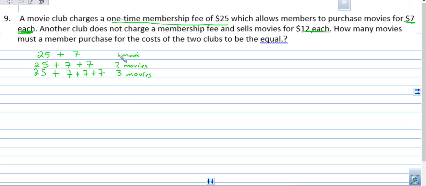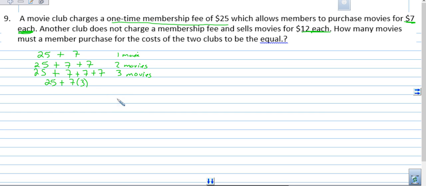So really, it's 7 times 3. This is another way you could write this: 25 plus 7 times 3, right? Where 3 is the number of movies. So if we don't know the number of movies, we can just use a variable to replace that.